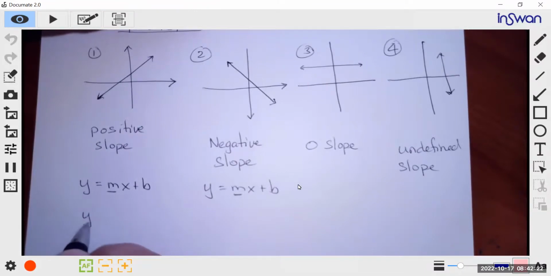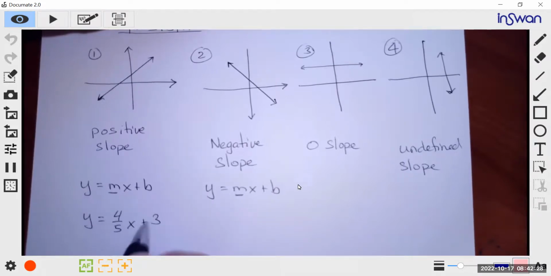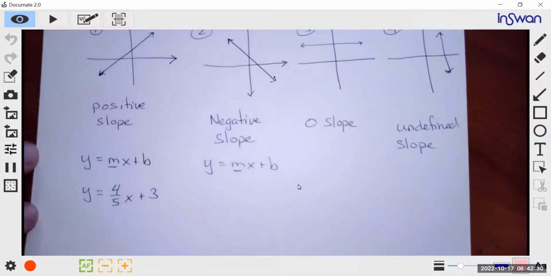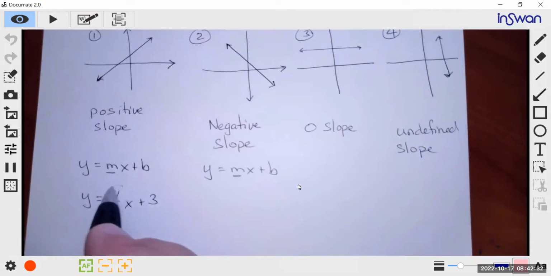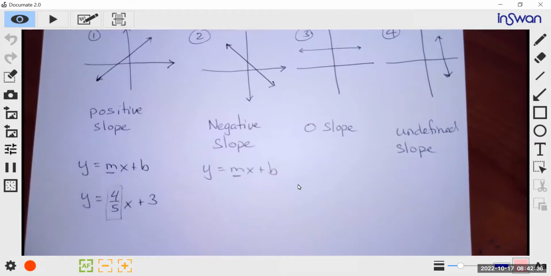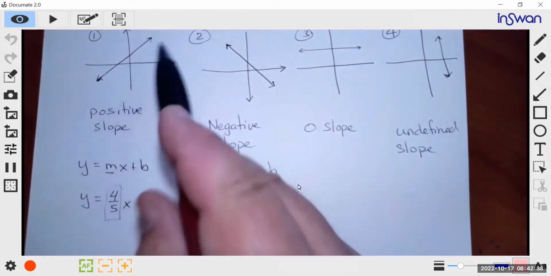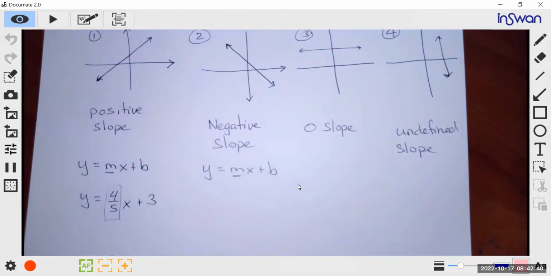Since it's positive, the graph will look something like this. It's going to go up to the right.